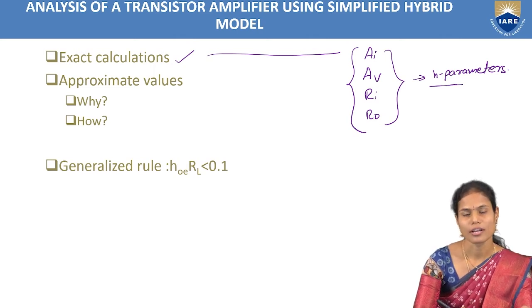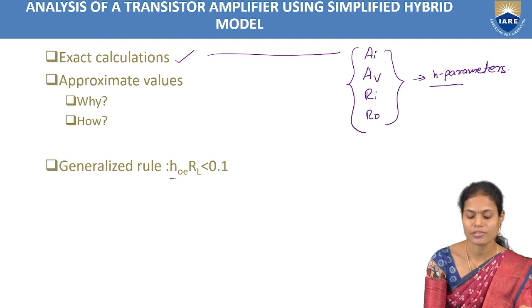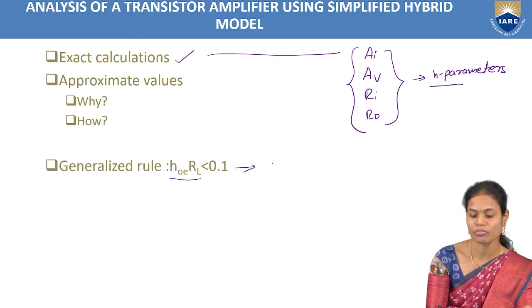So how can we get the approximate calculations here? We have a generalized rule for the amplifier circuit: output admittance times load resistance, HOE RL, should be less than 0.1. If this value is less than 0.1, we go with the approximate model.